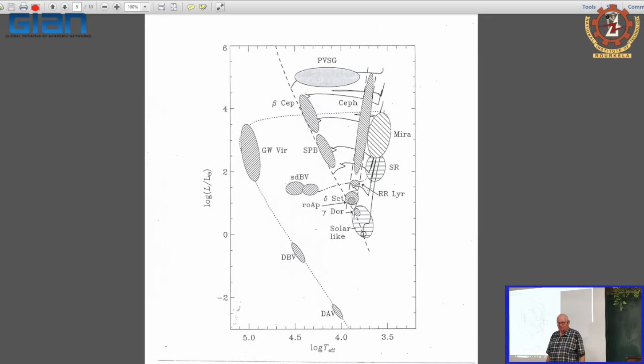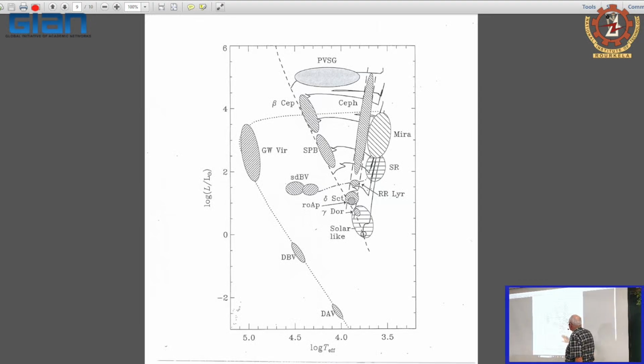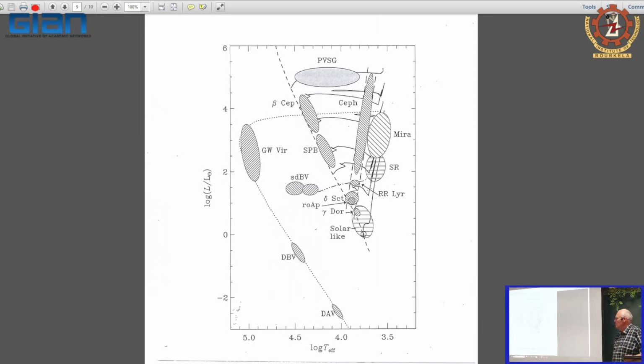And once they came up with the correct opacities, no problem was left. The beta Cepheid stars pulsate because there is an additional opacity bump due to the contribution of heavy elements. So all these stars have been explained once the opacities were calculated correctly in the mid-90s of last century.